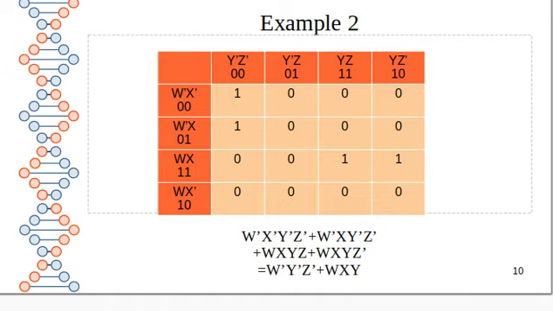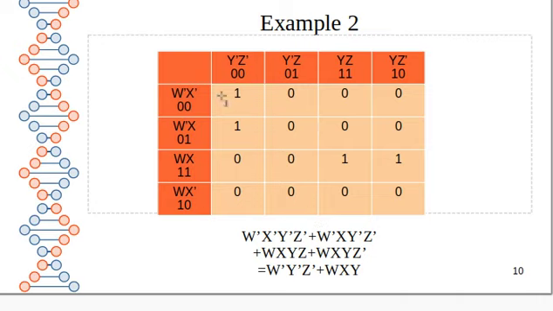Now second example, the value of 1 is here, here, here, here. So we can put a map, that is pair of this one and pair of this one. So pair of this one is w bar, x bar, y bar, z bar, and w bar, x, y bar, z bar.